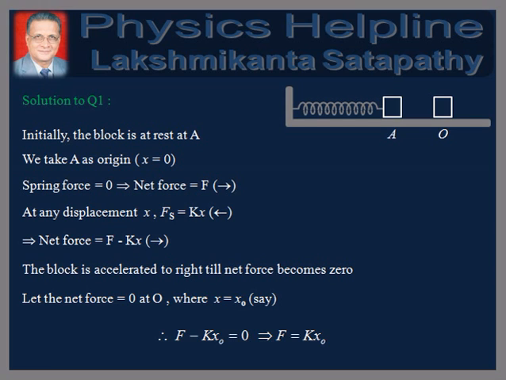Therefore, we have F minus kx0 is equal to 0, which implies F is equal to kx0. The kinetic energy of the block is maximum in this position. We need to determine the maximum speed of the block, which is at x equal to x0.